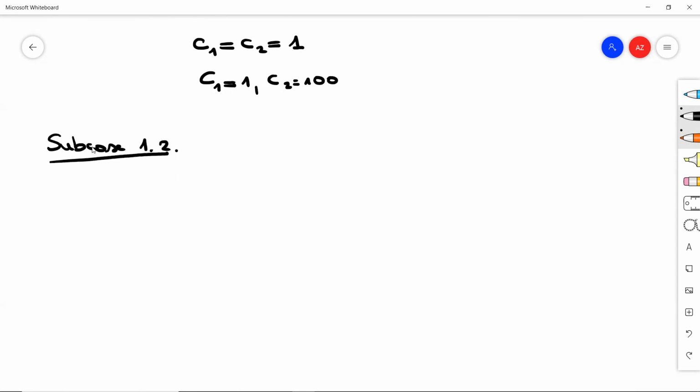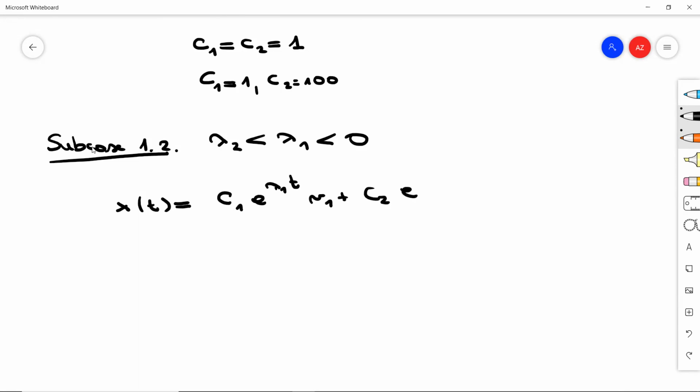So that our picture won't change a lot, let's take that now lambda 2 is smaller than lambda 1. So lambda 2 is bigger than lambda 1 in absolute value, but both are smaller than 0. Our general solution is still of this form: C1 times e to the power of lambda 1 t v1 plus C2 times e to the power of lambda 2 t v2.